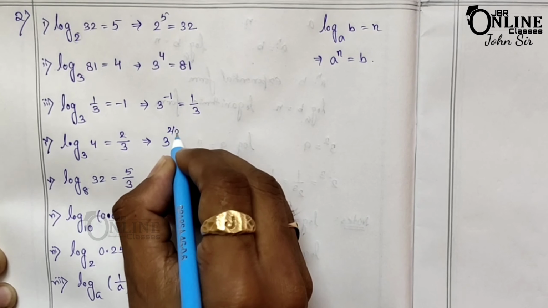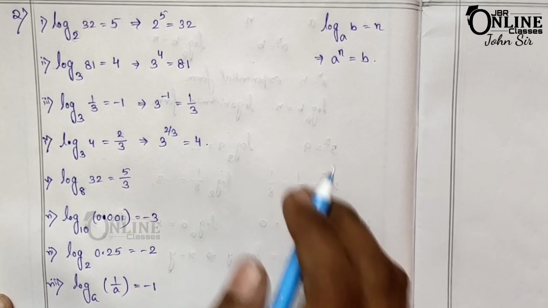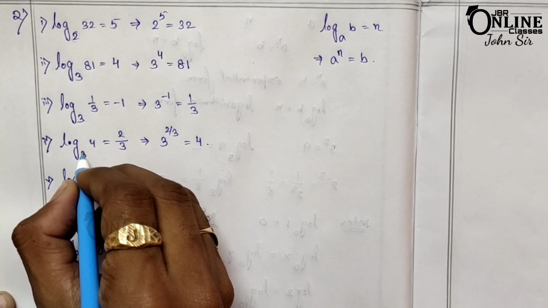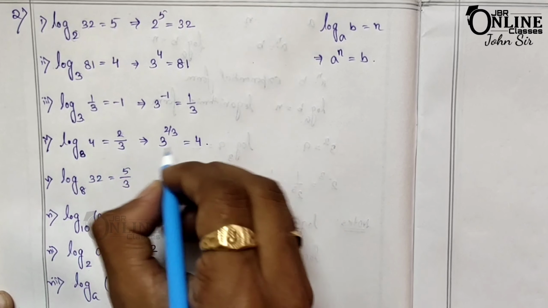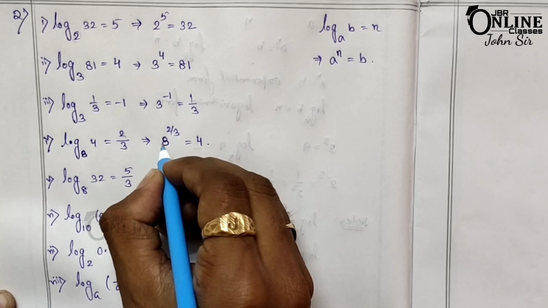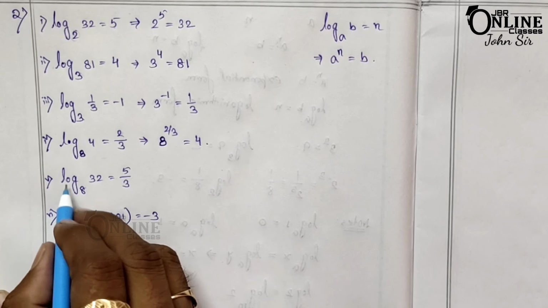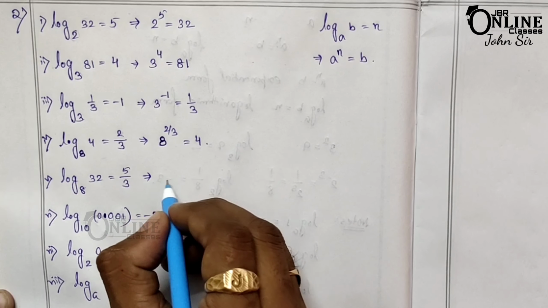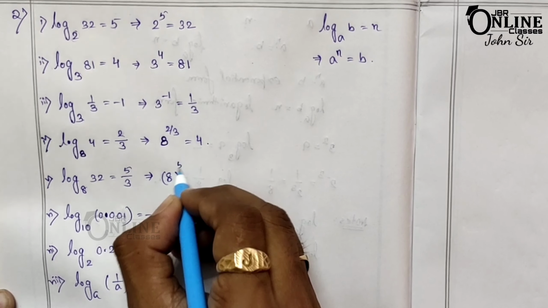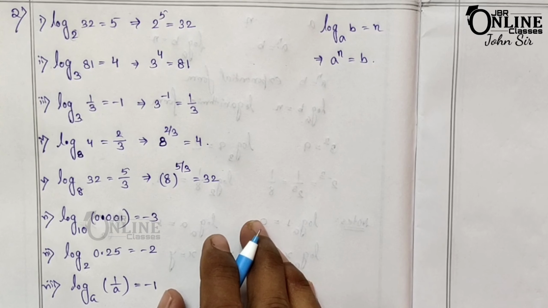Sorry, it's a mistake, it is 8. So that will be 8 to the power 2 by 3 that equal to 4. Okay, so here log base 8 of 32 that equal to 5 by 3, so that will be 8 to the power 5 by 3 and that equal to 32.